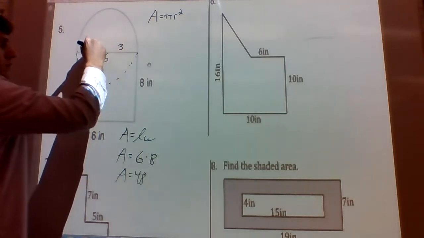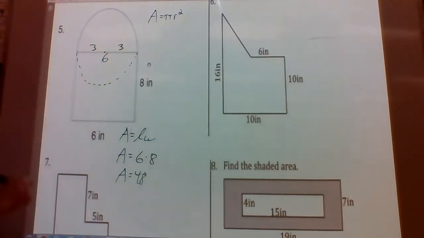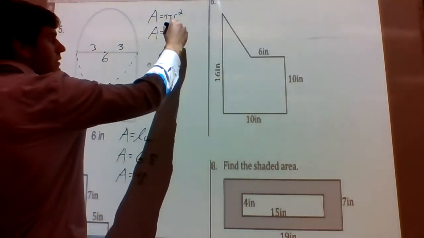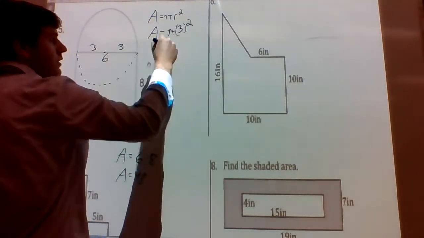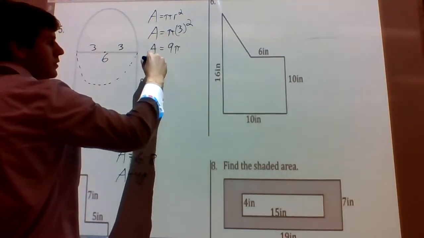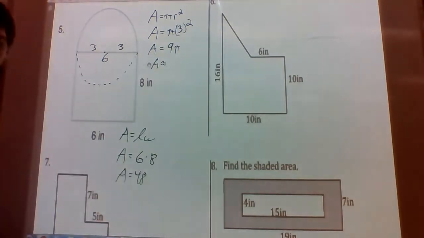Okay, we know the radius is half of the diameter. So the radius is 3. So here we have area equals pi times 3 squared. This is going to end up being 9 pi, which is approximately 9 times pi, 28.3.